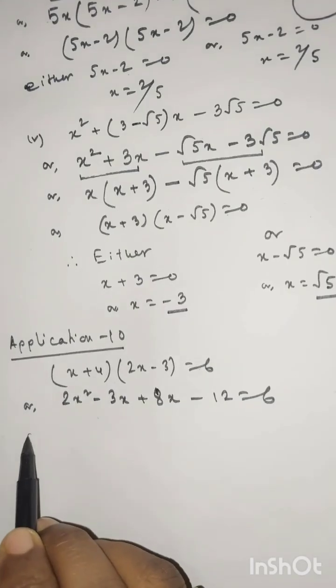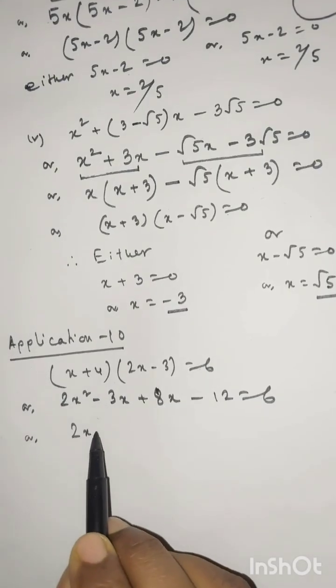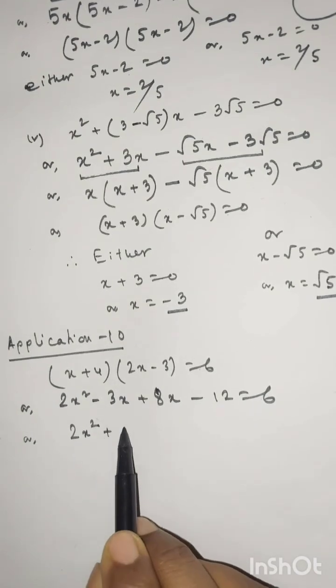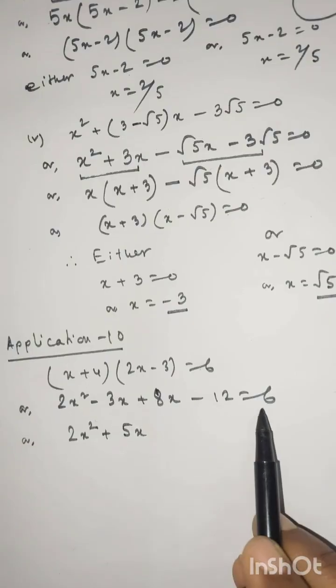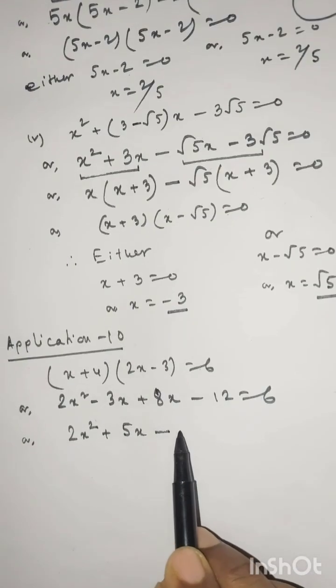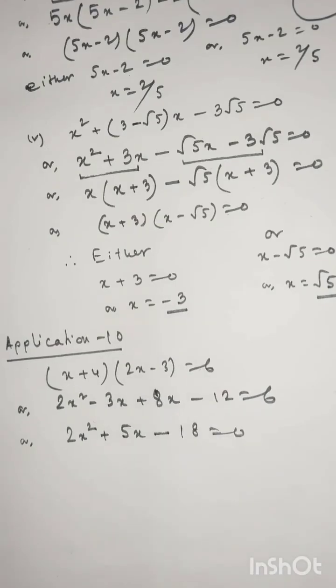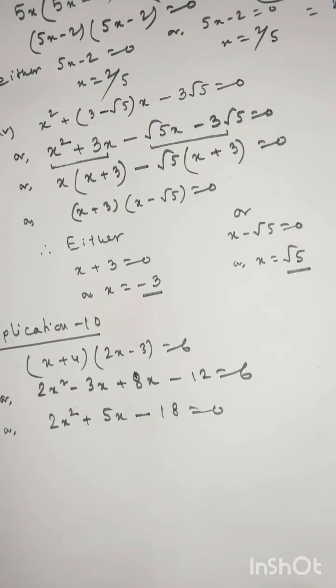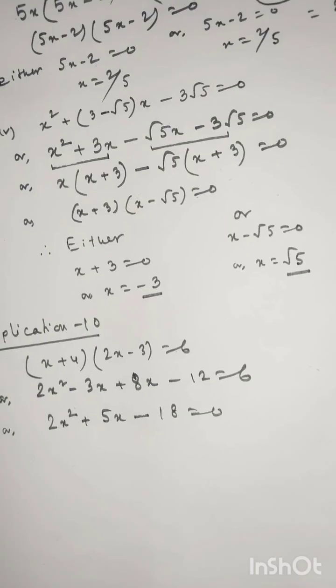So 2x square plus 8x minus 3x, we can write plus 5x. If we take 6 to the left side, we get minus 18 equal to 0. Now this is our quadratic equation. We can now do middle term factorization.